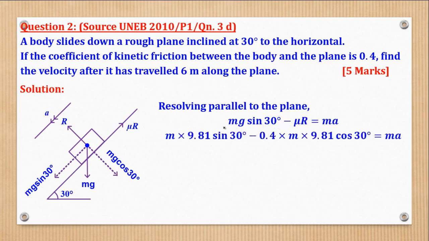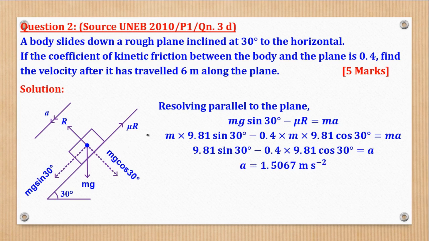Then substitute for g, for mu, and for R. Remember we said R is mg cos theta, which is this. So m is constant throughout, it can cancel. So with that we can get the value of a, and that's what they wanted.